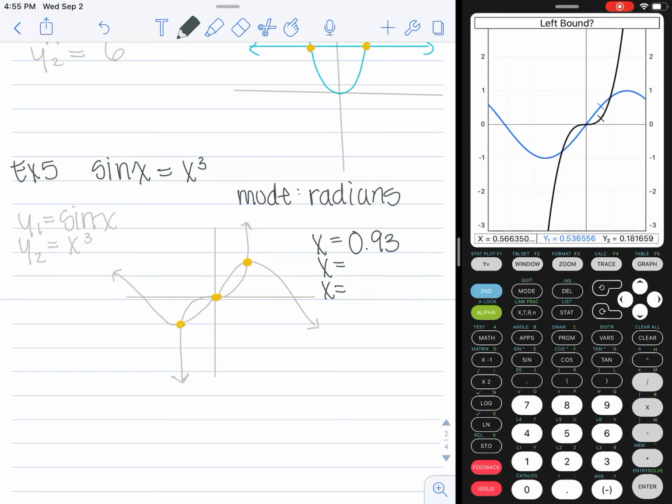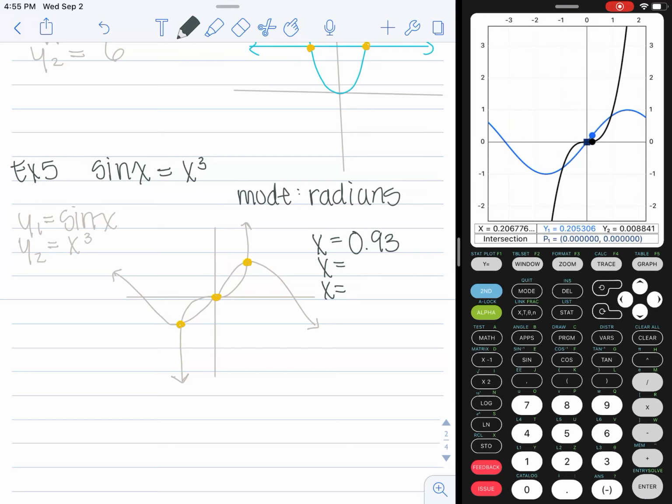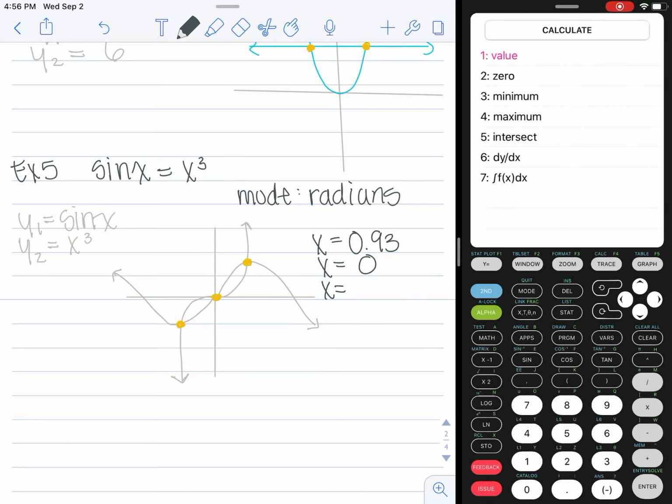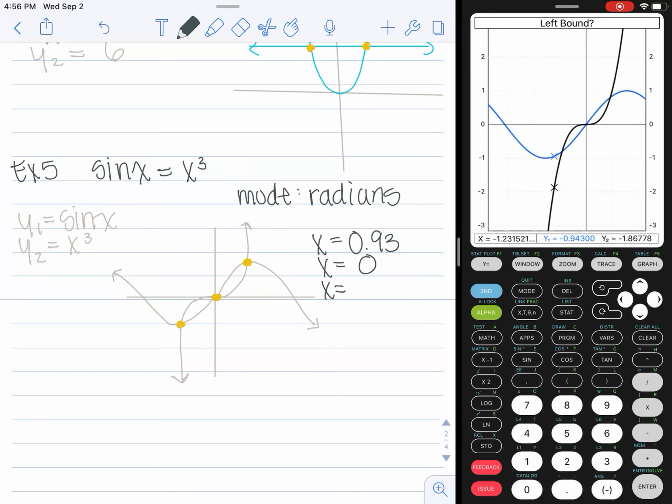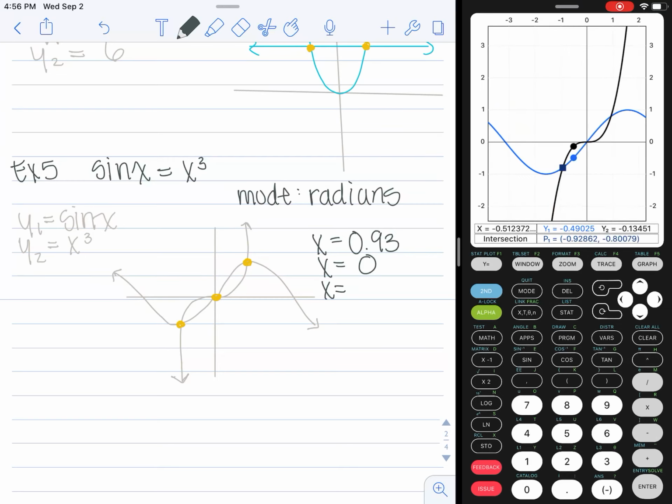Then I'm going to do the middle one. So we have a 0. And then let's do the left one. So that's -0.93. And we have all 3 answers then.